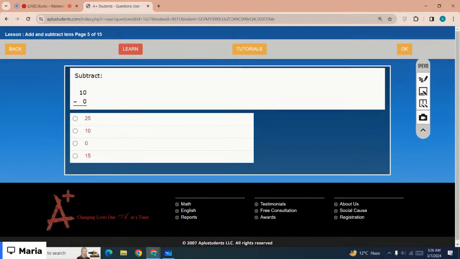Ten take away 0, which is the correct option? Ten take away 0 is 10. Option number 2 is the correct option.